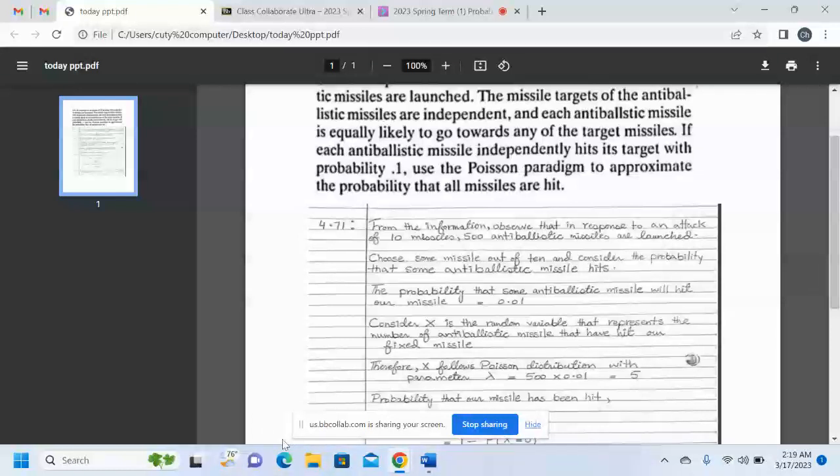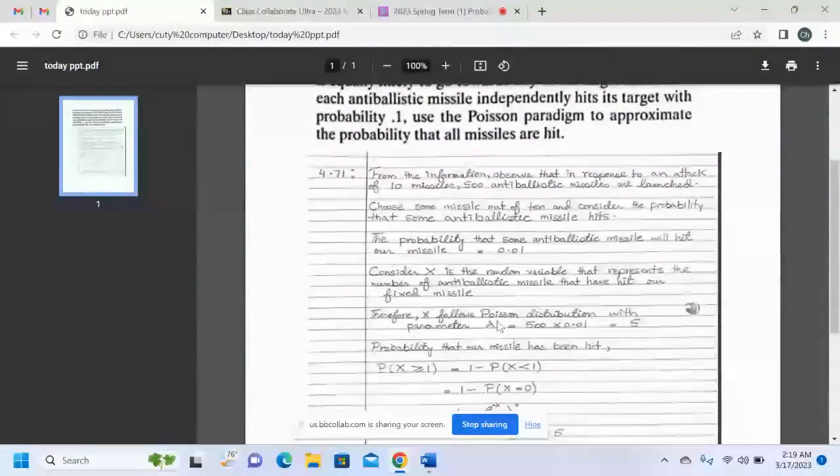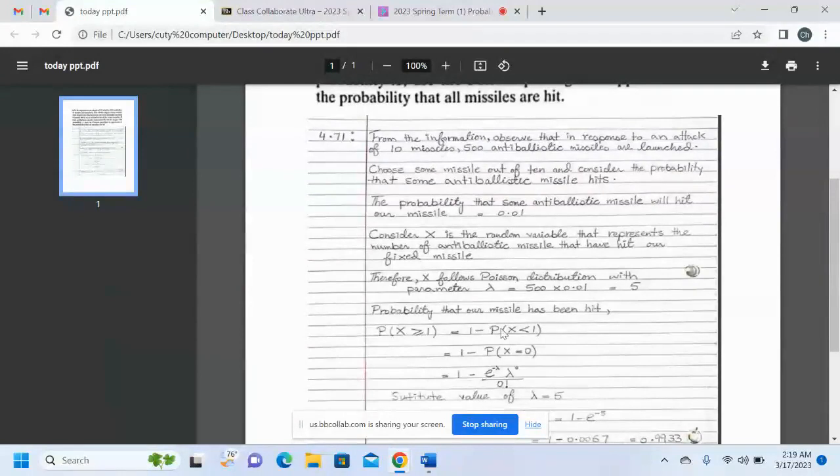Consider x is the random variable that represents the number of anti-ballistic missiles that have hit the fixed missile. Therefore, x follows a Poisson distribution with parameter lambda, which is equal to 500 times 0.01, which is equal to 5.